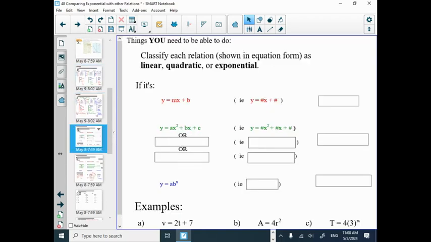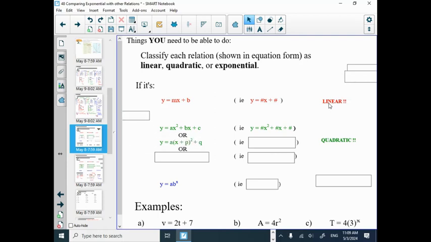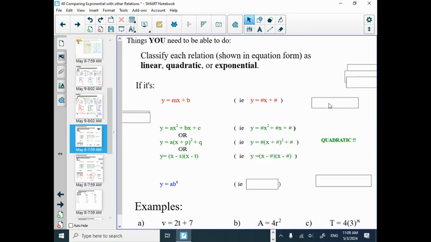So basically be able to classify each of these things, right? If it's a y equals mx plus b, obviously it's going to be number x plus number and so on. It's going to be obvious that it's linear. If we had an ax squared plus bx plus c, numbers being the a, b's, and c's, obviously it's quadratic. Other versions of that, we have the vertex form and the factored form, and numbers would be in for the letters in each case.